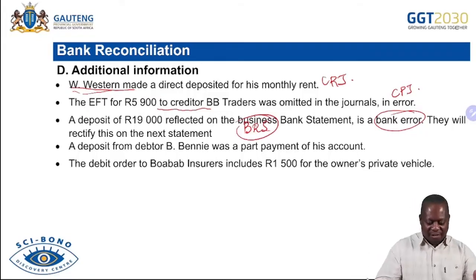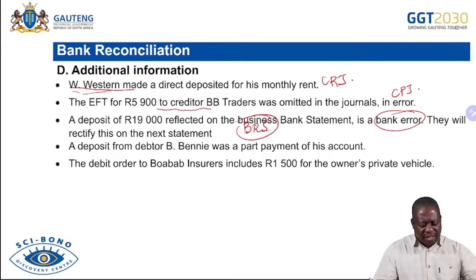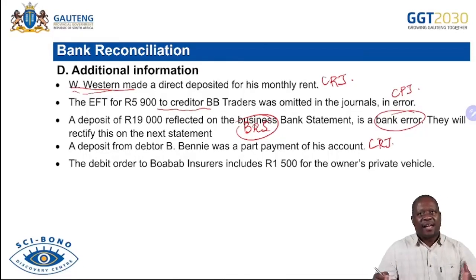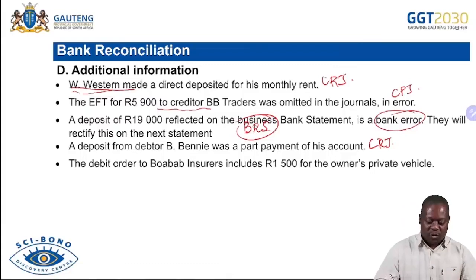We are moving on, guys. A deposit from a debtor, B. Benny, was a part payment of his account. So we are having money deposited from a debtor, CRJ. A debtor, debtor's control.